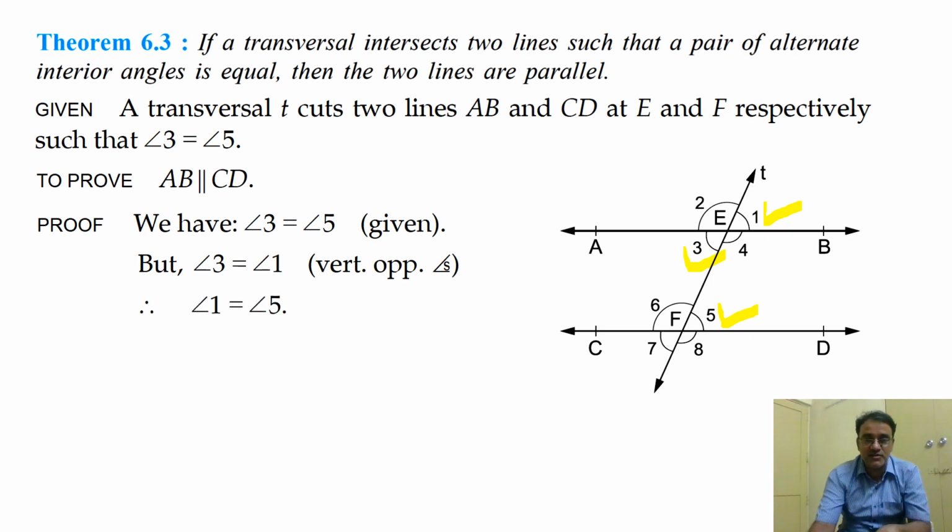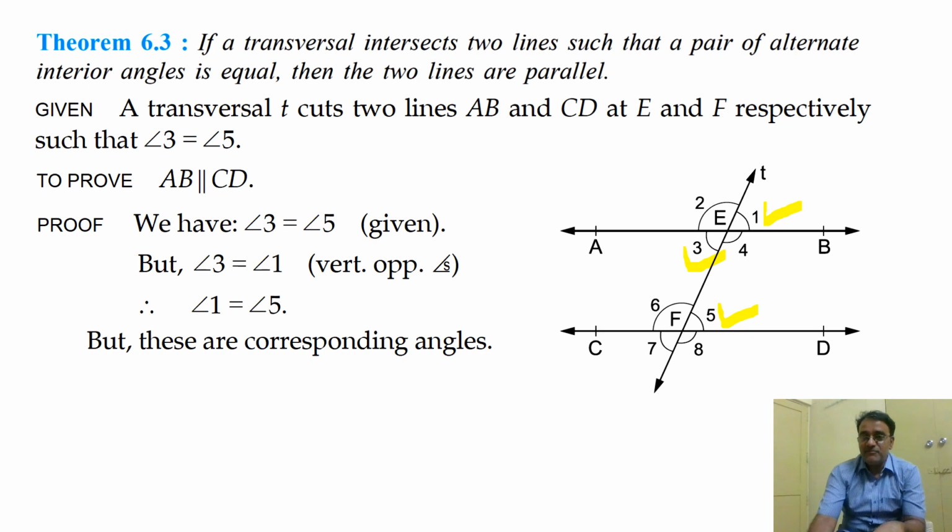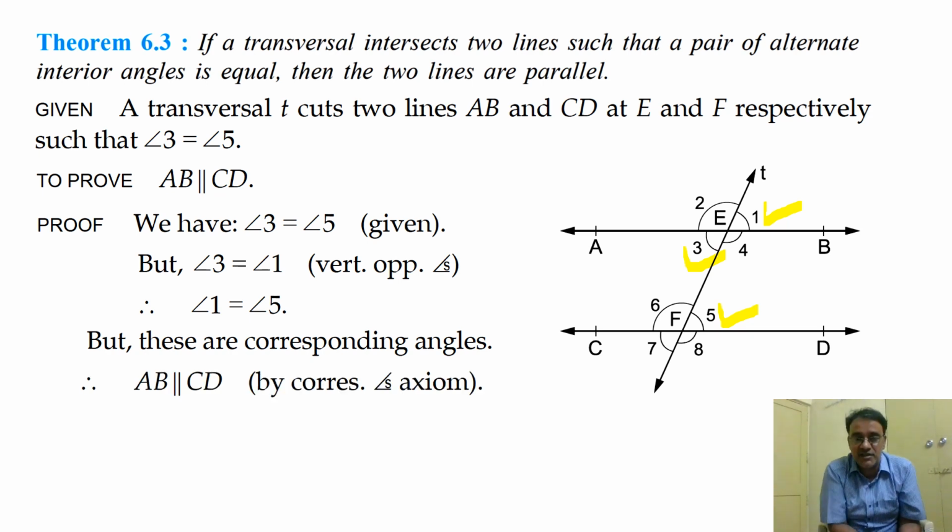So angle 1 is equal to angle 5, but these are corresponding angles, right? And by corresponding angles axiom, corresponding angles axiom के दो पार्ट हैं. एक तो अगर लाइंस पैरेलल है तो corresponding angles इक्वल होंगे, अगर corresponding angles इक्वल है तो लाइंस पैरेलल होंगे. So we conclude that AB is parallel to CD by corresponding angles axiom. So this is theorem number 6.3.